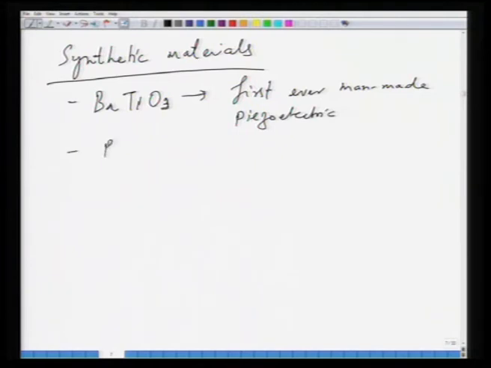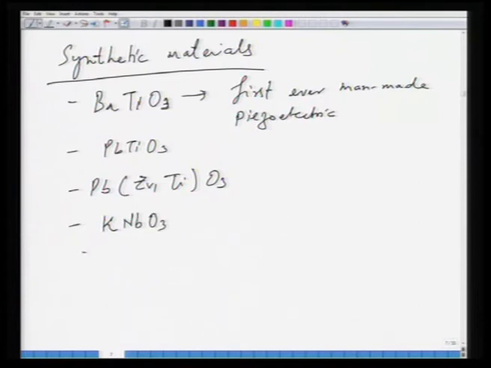So, barium titanate, then of course, you have lead titanate, and then you have lead zirconate titanate, a solid solution of lead zirconate and lead titanate, and then you have potassium niobate, and then sodium tungstate, Na2WO3, and then of course you have lithium tantalate, lithium niobate, and so on and so forth.